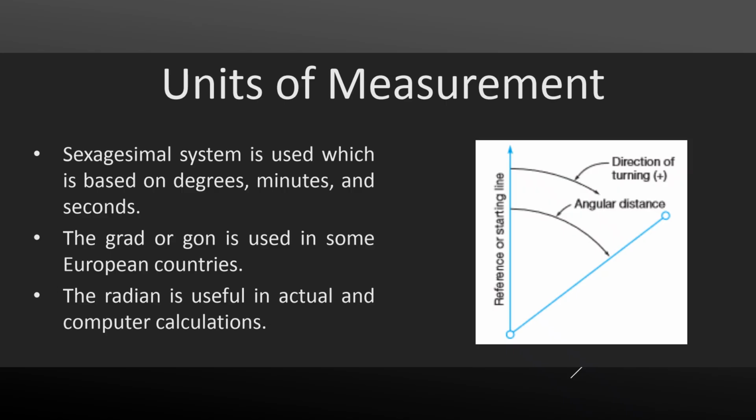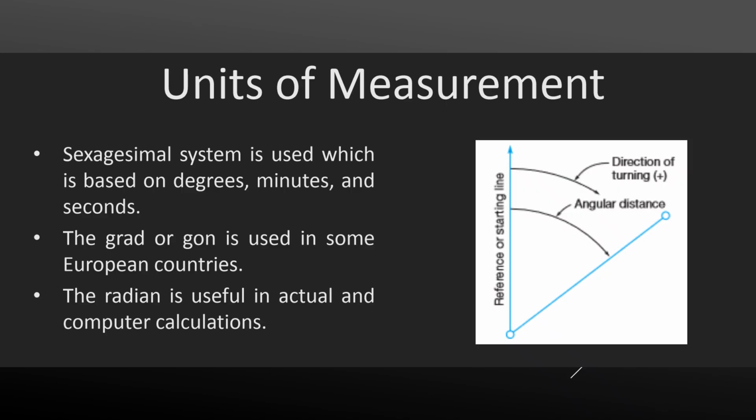And finally, the fourth unit, which is also important in surveying, particularly in military and engineering applications, is the mil. A mil is an angular unit in which a complete revolution is divided into 6,400 equal parts. Therefore, one complete revolution is equal to 6,400 mils, and a right angle is equal to 1,600 mils.